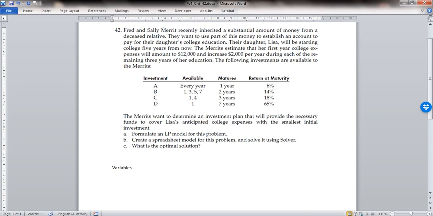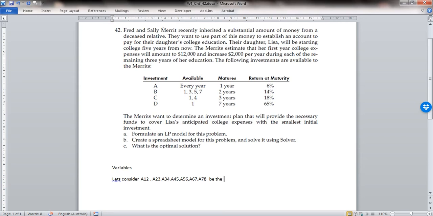Variables. Let's consider A12, A23, A34, A45, A56, A67 and A78.